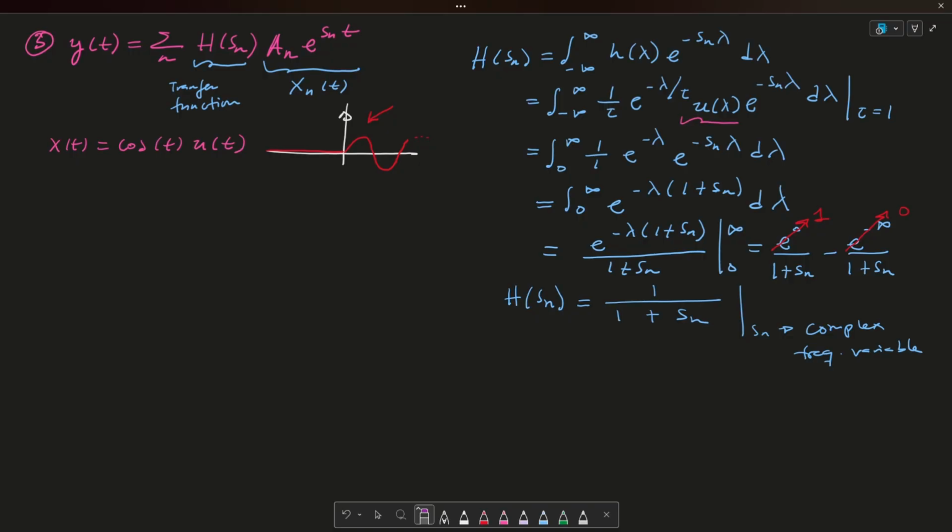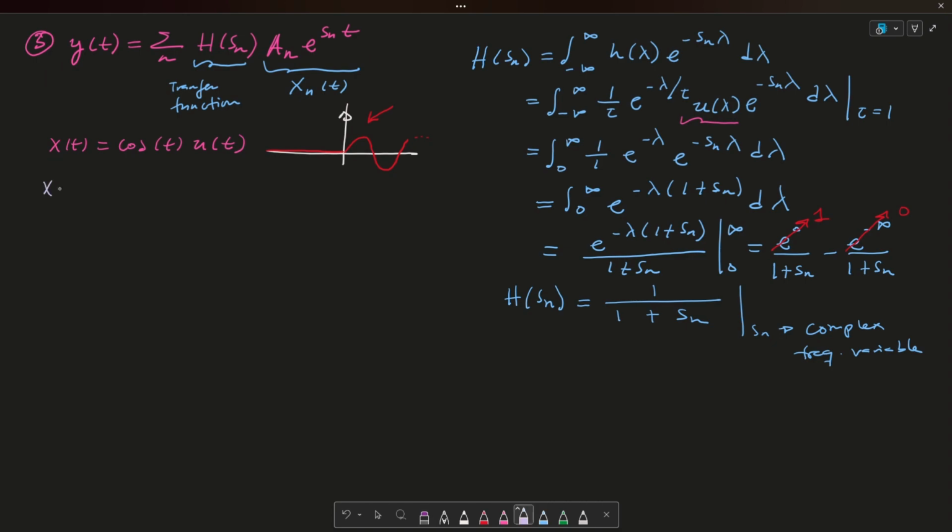As a result, since one of my criteria for using this eigenfunction equation was that my system has to be continuous, again, check out the video called Eigenfunctions of Continuous Time LTI Systems Clearly Explained, I therefore technically cannot use this equation. But let's go ahead and modify x of t so that I can use this equation.